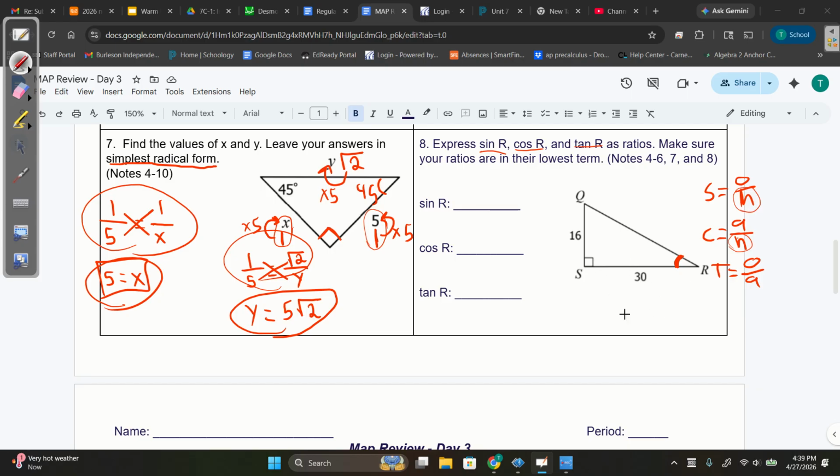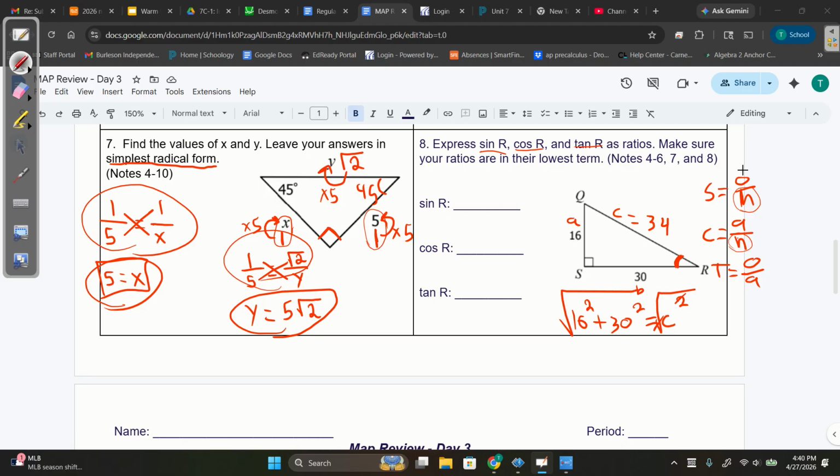To do that, we use the Pythagorean theorem. This is A, this is B, that's C. A squared plus B squared equals C squared. And we square root each side to get the C by itself. When I do that, I end up getting the hypotenuse is 34. Now that I have that, it's as simple as setting up the ratios.